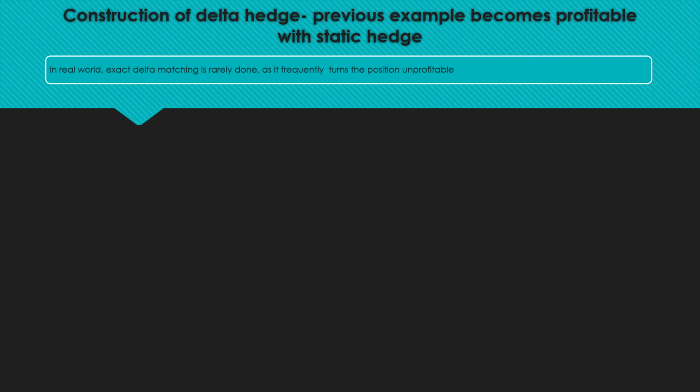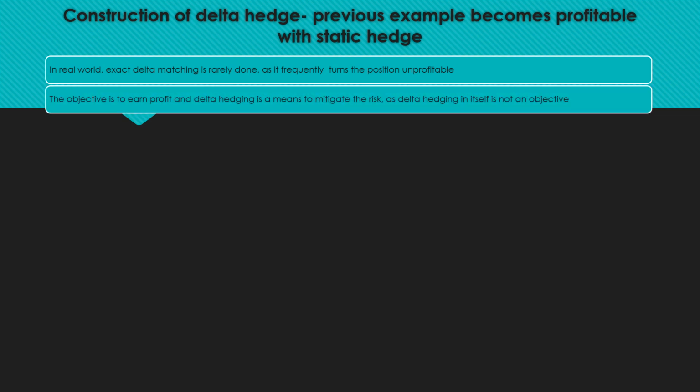In the real world, exact delta matching is rarely done as it frequently turns the position unprofitable. The objective is to earn profit, and delta hedging is a means to mitigate the risk, as delta hedging in itself is not an objective.